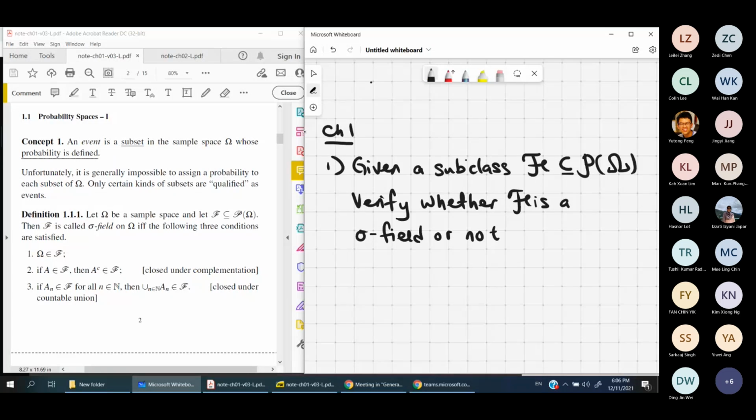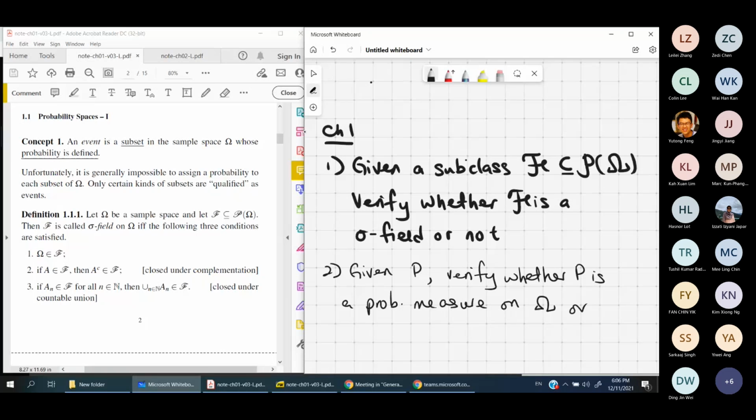And number 2, next, given F, given P, make sure you are able to verify whether P is a probability measure or not. Of course, to be precise, on omega or not.